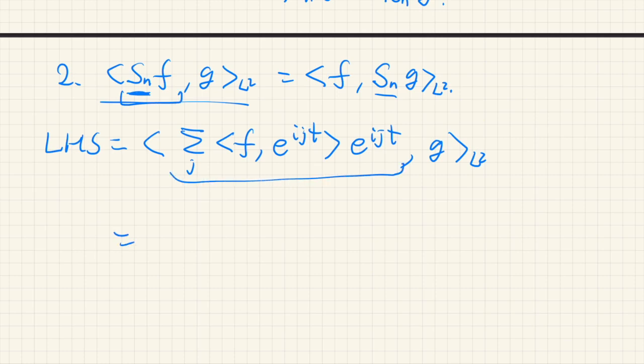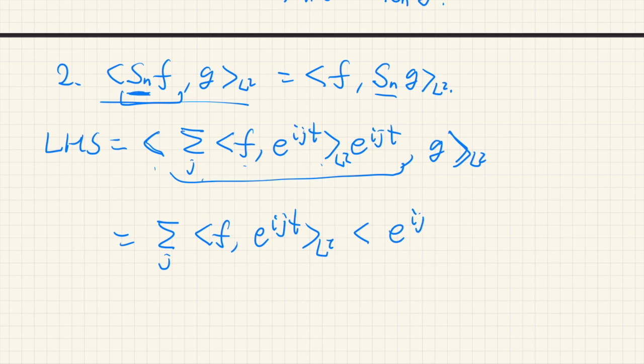Okay, and then using the linearity of the inner product, we can take this summation and coefficient out of this inner product, this bracket. So that becomes the sum over j of the inner product of f with e^{ijt}, times the bracket of e^{ijt} and g, in L2.